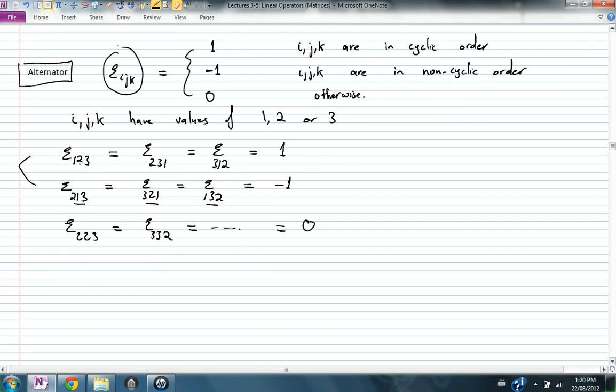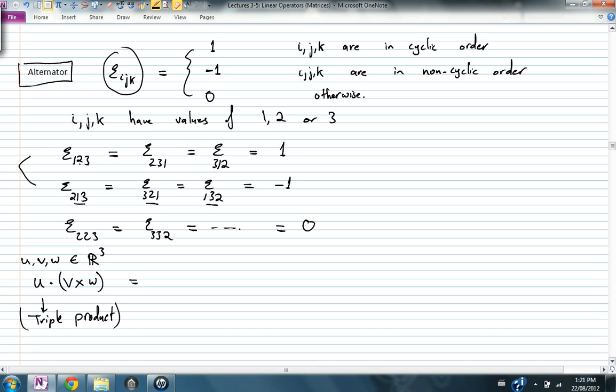The reason why I would introduce something like this is that if I have u, v, and w in R3, three-dimensional vectors, then the alternator allows me to write the cross or the triple product. Remember, triple product from the first part of the linear algebra.